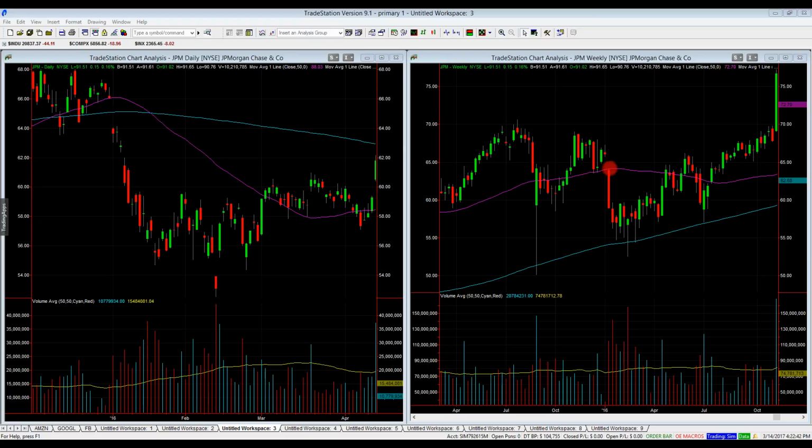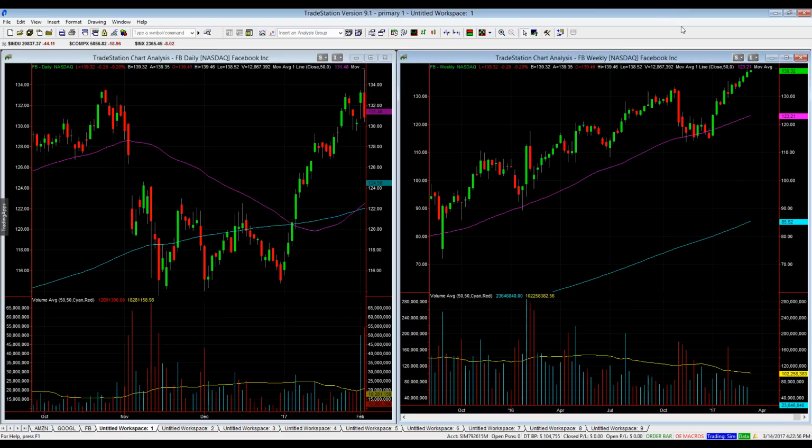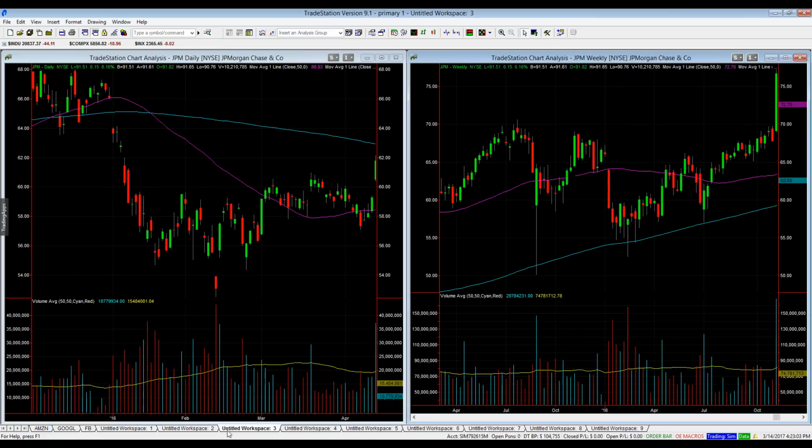Notice the slope on this JPM 50-week is a lot flatter compared to our Google and Facebook examples, showing a less bullish trend in the shares. If we go back to Facebook, for example, you could see our slope was steeper to the upside as opposed to JPM. When we lose it, it's a flatter slope. The takeaway there is that slope matters.